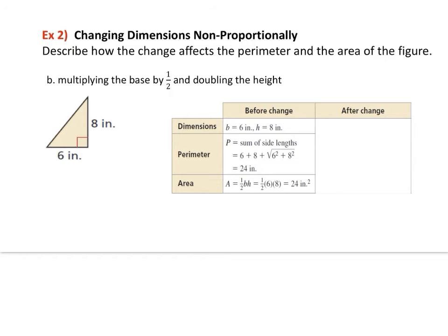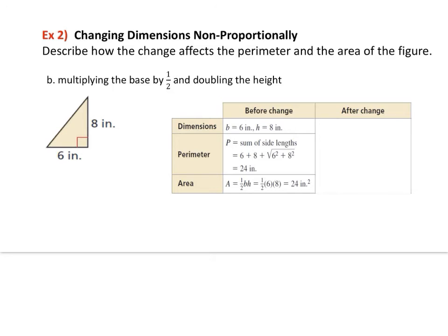So your hypotenuse is 10, but you can always use your Pythagorean theorem to confirm. So 36 plus 64 is 100, square root of 100 is 10. So add up all your sides, perimeter 24. Area, half of 6 times 8, 24 square inches.